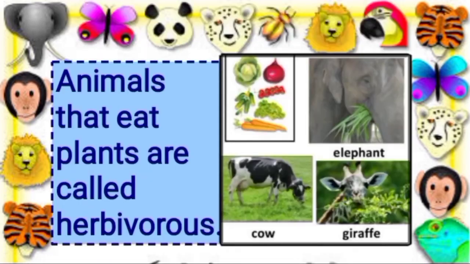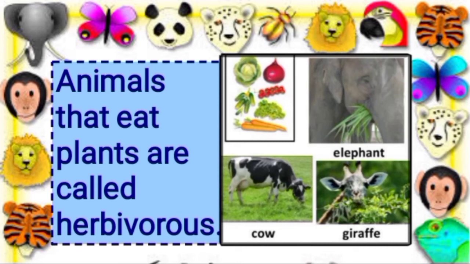The first group is herbivorous, meaning animals that eat only plants, and these animals include giraffe and elephant.